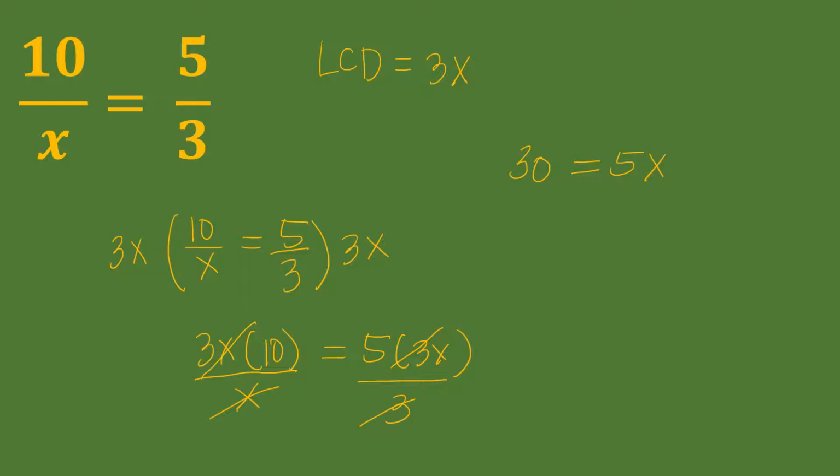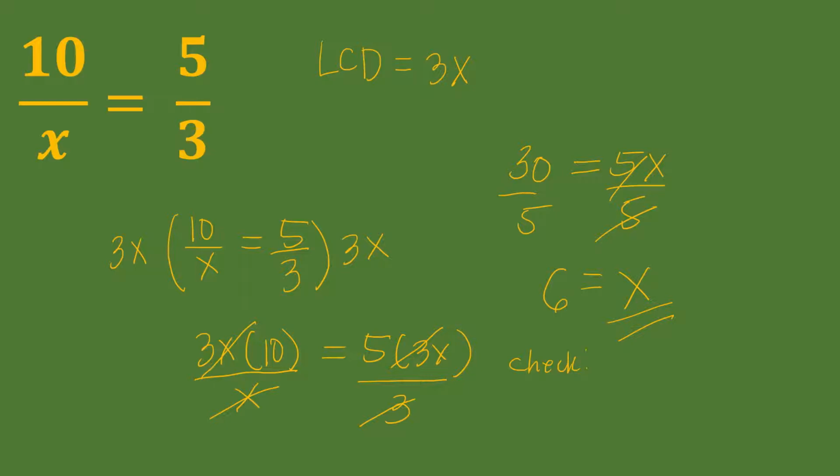Solving for x, that's our task. So we multiply both sides by 1/5, or simply divide both sides by 5. So cancel. So we will have here now your x. 30 divided by 5, we will have your 6. And to check this one, simply replace the value of x in our given rational equation.